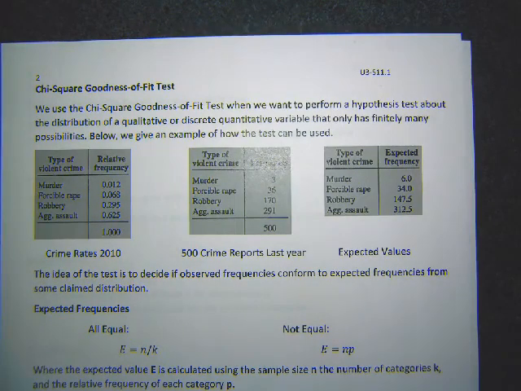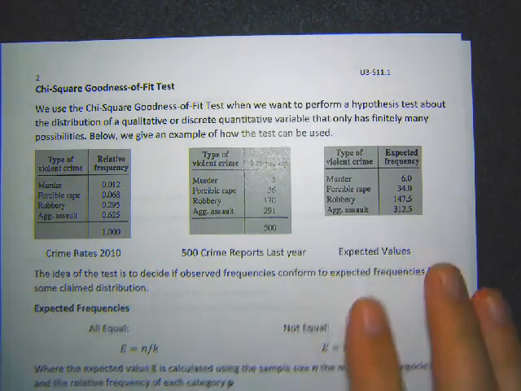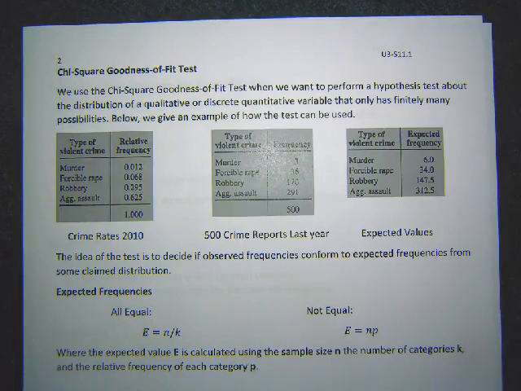And what we're going to test basically is we're going to usually look at previous results, like what a study showed years in the past. So maybe before an elected official came into office, they did a study and figured out what percentages of the different violent crimes there were. And then after they came into office and enacted some new policies, we'll use the chi-square goodness of fit test to see if the data still matches what it was before.